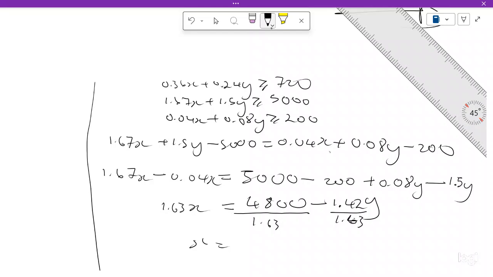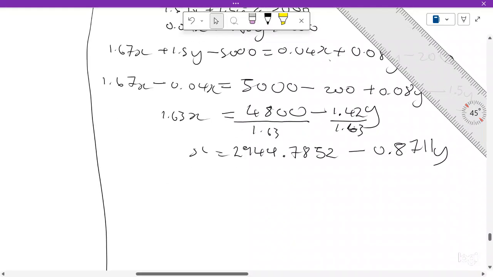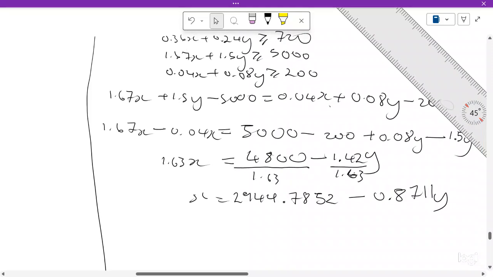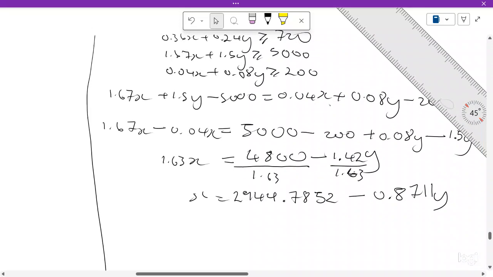Then these two are 0.32x, which equals 720 minus 200, 520. This y term is negative: 0.24 plus 0.08, so your value is minus 0.16y.